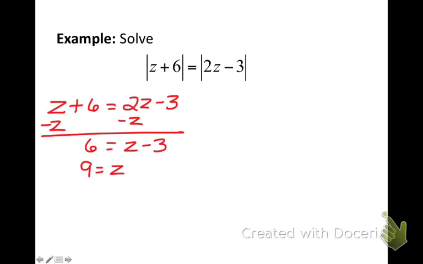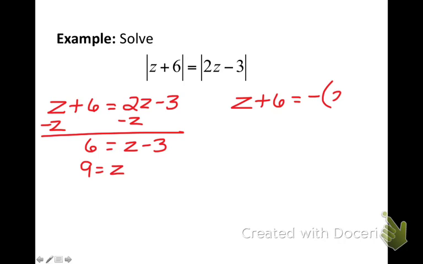Now the negative case, the left side still is going to stay z plus 6. Don't make that a negative. We have to make the right side negative. So you can either just make everything opposite in sign right away, which is what I tend to do. I'm going to write out the distribution.